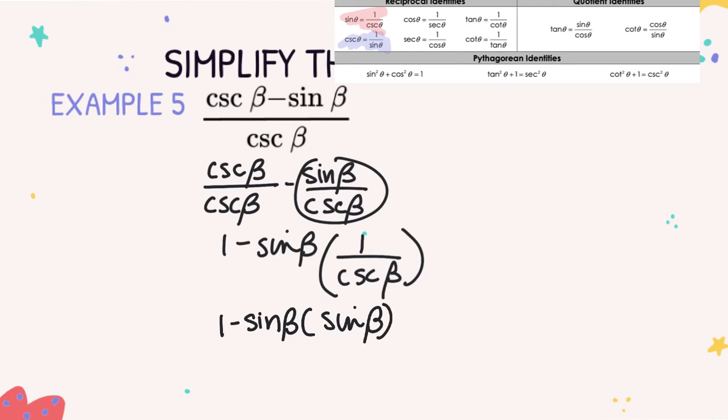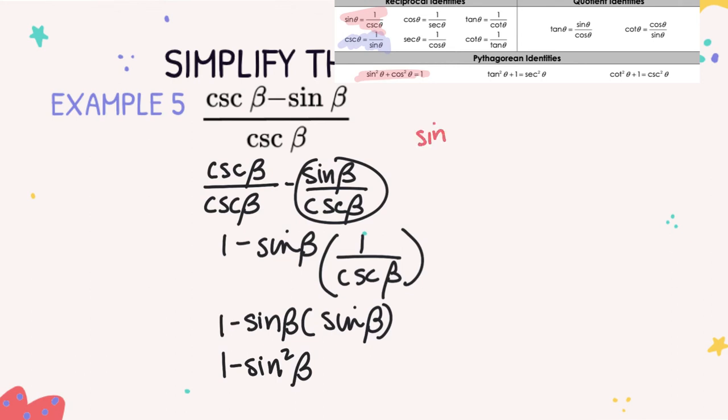And now I have 1 minus sine squared beta, which leads me to the Pythagorean identities again. I keep using these. They're very handy.